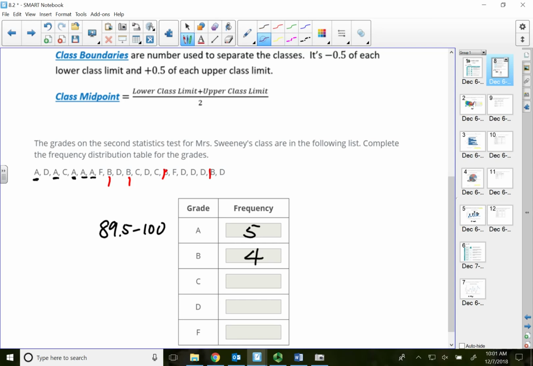Let's see how many times C occurs: 1, 2, 3, that's just 3 times. D: 1, 2, 3, 4, 5, 6, 7. F occurred 2 times. That's how you do a tally or a frequency.